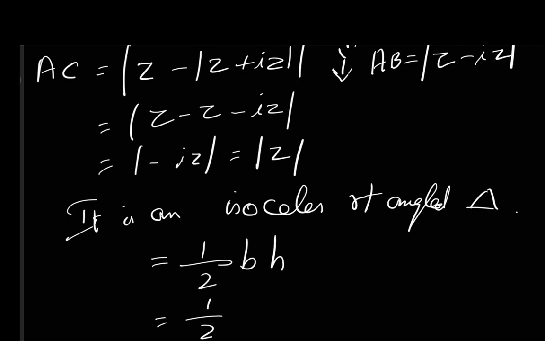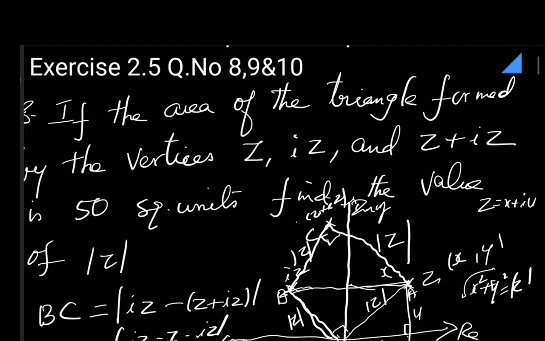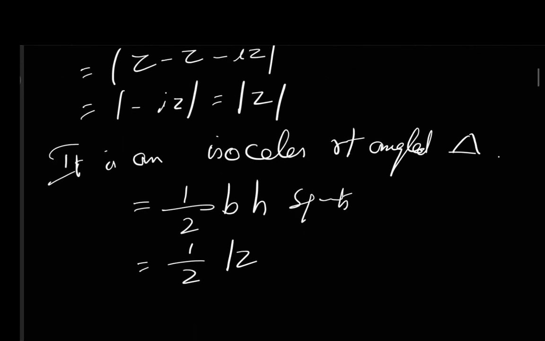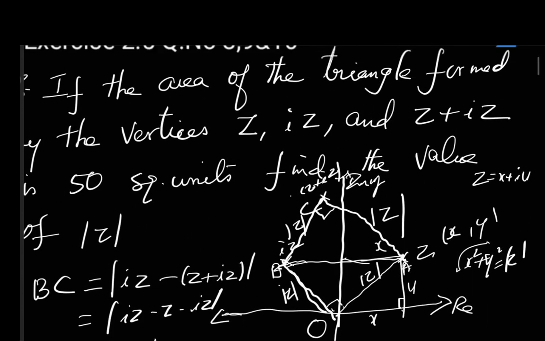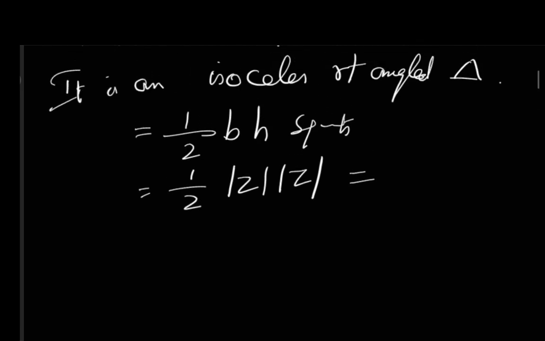What is the base here? The adjacent sides of this 90 degrees. You can take one as base, the other one as height. So half modulus z squared. And they have given that the area is 50 square units, so you write this equal to 50.